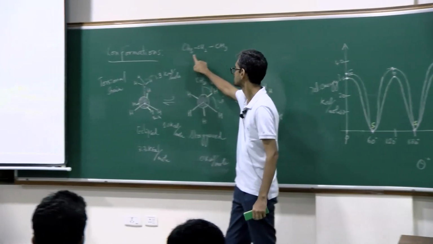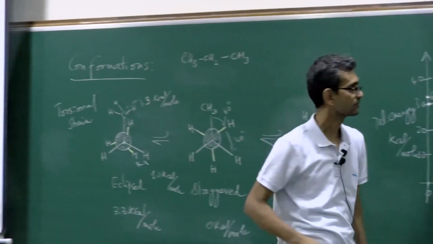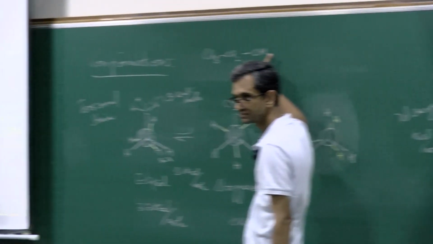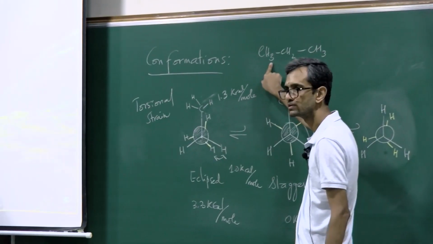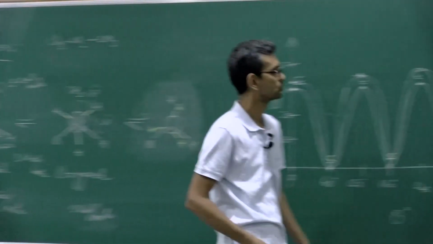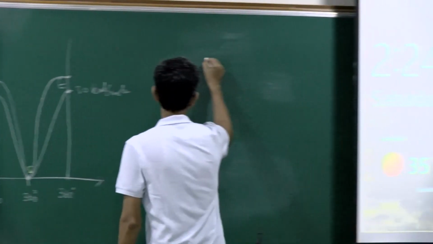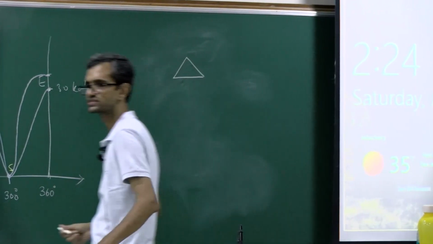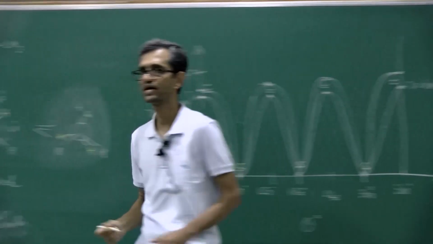Okay. So this is a propane. I remove a hydrogen from here. I remove a hydrogen from here. Connect these two ends. Then what do you get? Cyclopropane, whose structure is this, right?